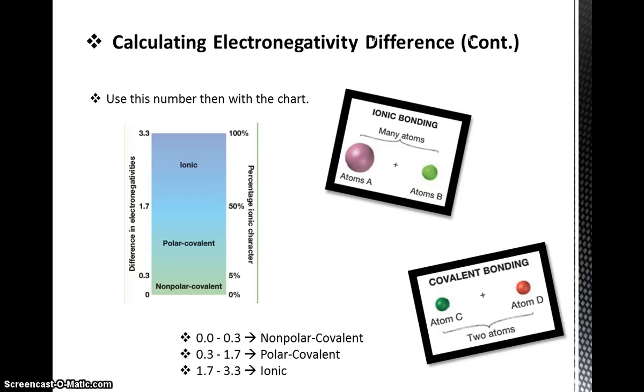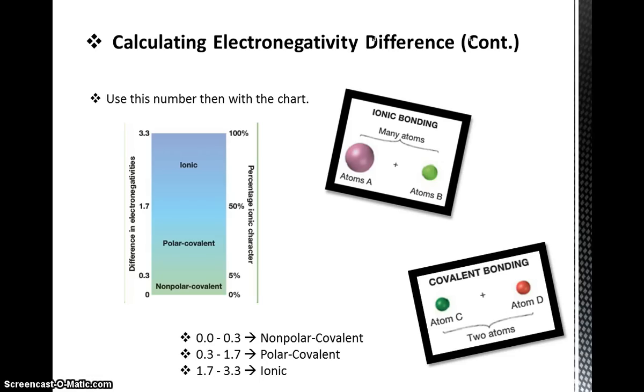Once you find this number, this is the number that you'll use on the chart here to your left, the bluish one. As you work your way up towards the higher 3.3, as you can see in the first picture, if you have a much bigger element, like fluorine, like we talked about earlier, and you have a smaller one like lithium, it's going to be a larger electronegativity difference.